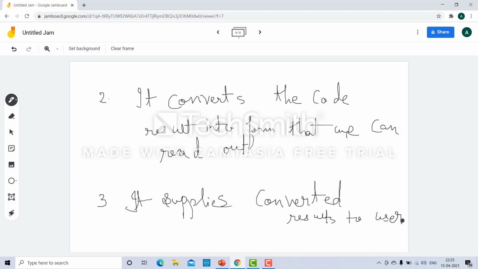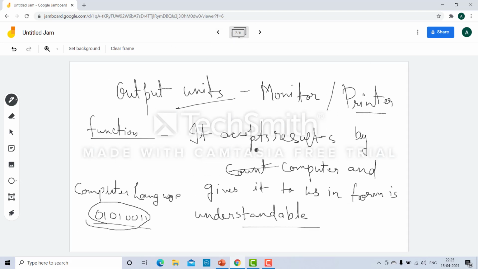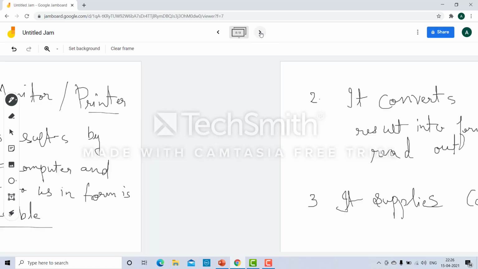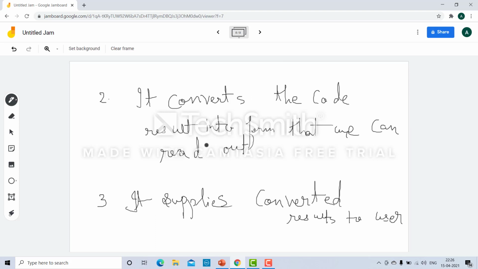Okay, so we have seen that the output unit accepts the results from the computer and gives them in a form which is understandable, because the computer language is of 0101 form. Then next one, what is that? It converts the code into a form which we can read, isn't it?